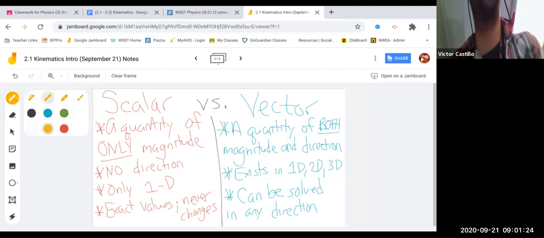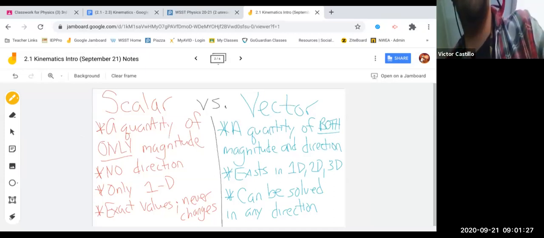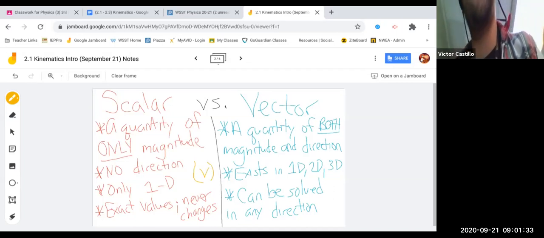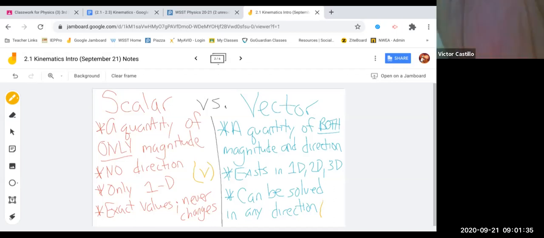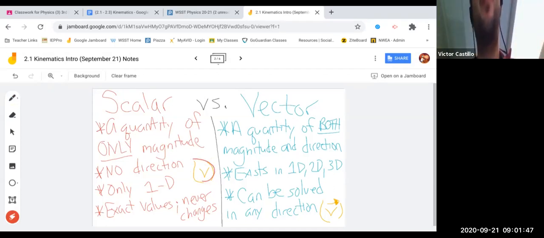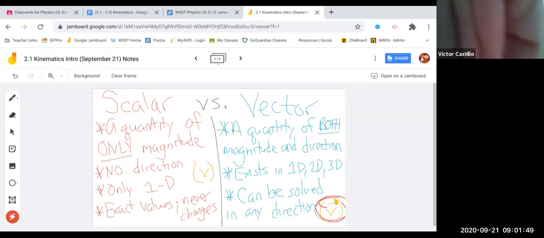The last thing I want to put is the way you label it. For scalar, it's just like a little V right there. And for vector, it's a V with an arrow on top to show you direction. So a scalar will only be identified by a symbol, while a vector will have a symbol plus an arrow at the top.